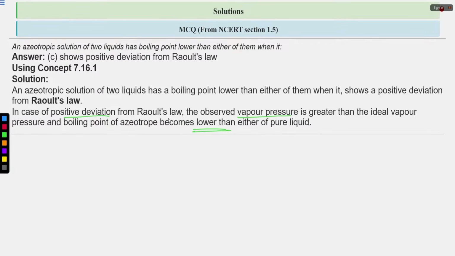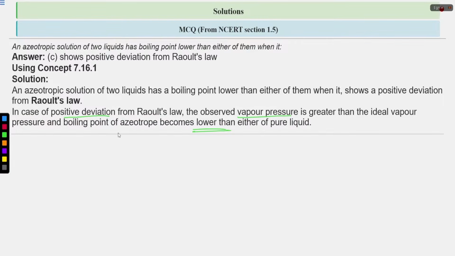And what will happen is that the azeotropic solution will show a boiling point lower than either of them. The boiling point of the azeotropic solution of two liquids will be lower than either of them.